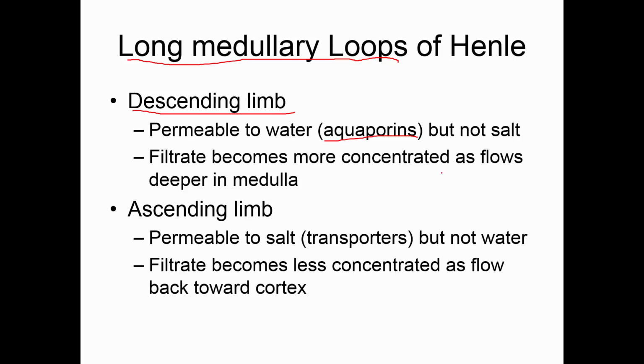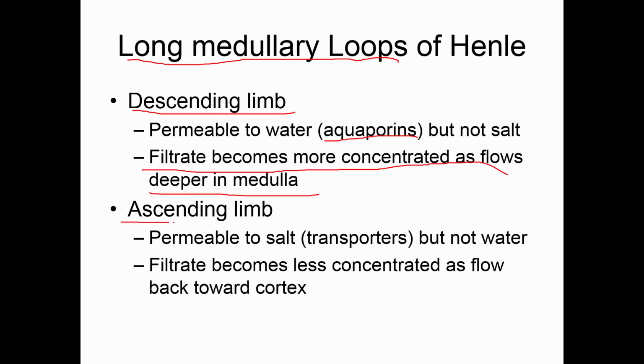So sodium and chloride, etc., cannot be reabsorbed in the descending limb because there are no proteins to do that. If you allow water to leave, but leave the electrolytes behind, then the filtrate becomes more concentrated as it flows deeper into the medulla. Why is that? Well, remember, in the medulla we have a highly concentrated interstitium that will accept that water along a concentration gradient.